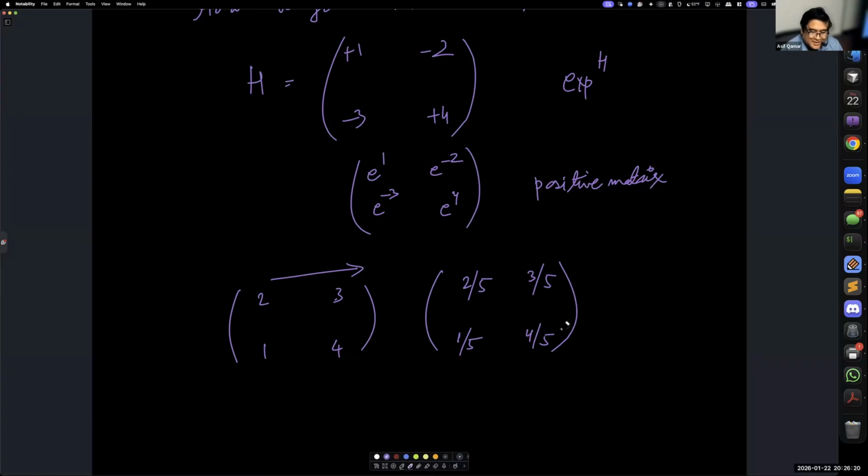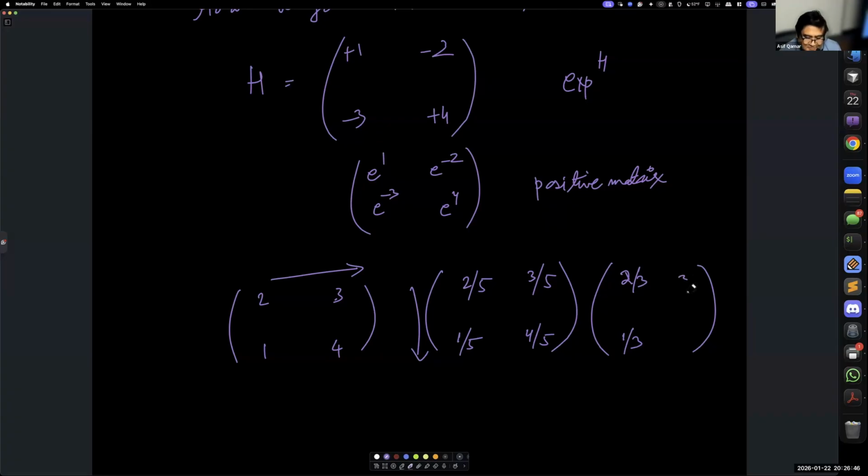So 2/5 plus 1/5 is 3/5. This time we'll divide it column wise. So 2/5 over 3/5 will become 2/3, and this will become 1/3. Likewise, 3/5 plus 4/5 is 7/5.